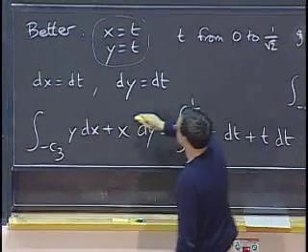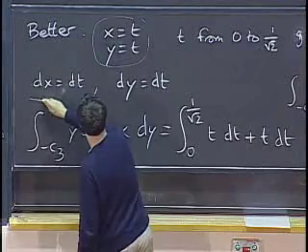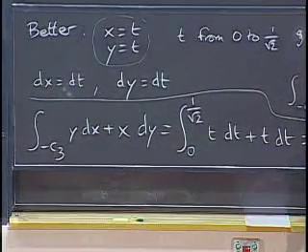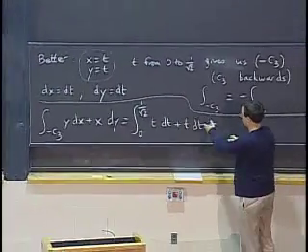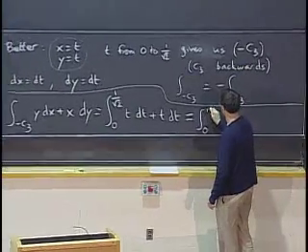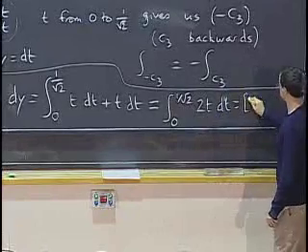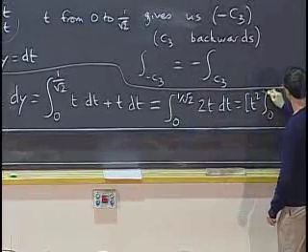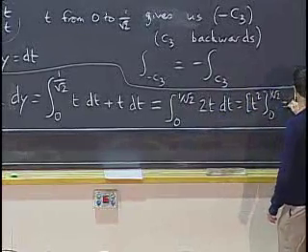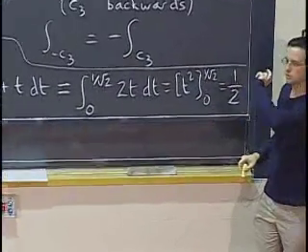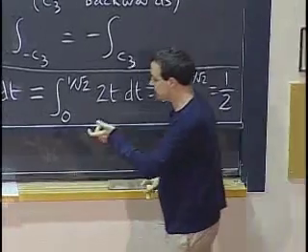Sorry, I'm messing up my blackboard. Okay. Which is going to be the integral of 2t dt, which is t squared between these bounds, which is 1/2. That's the integral along minus C3, along the reversed path.